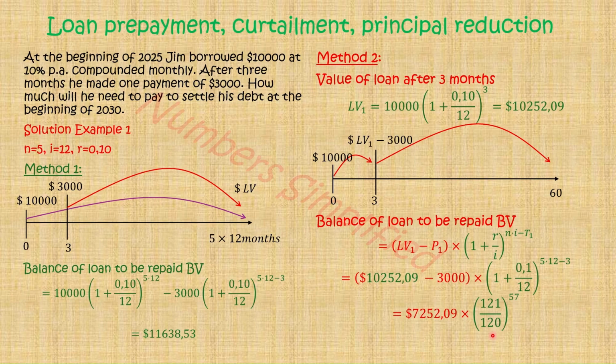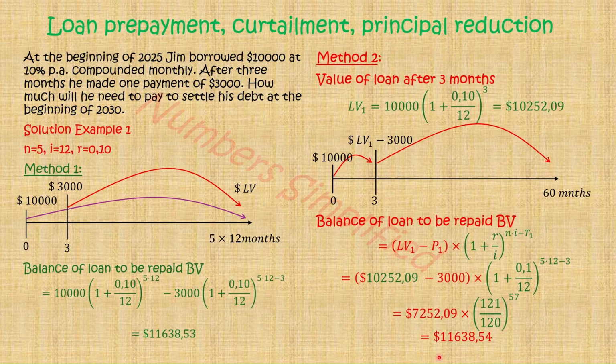Right, so simplifying further, we are going to end up having $11,638.54. Now take note, I rounded prematurely over here, and my answer is slightly different from method 1. In method 1, we had 53 cents. However, it is worth noting that in many instances, the answer becomes totally different.